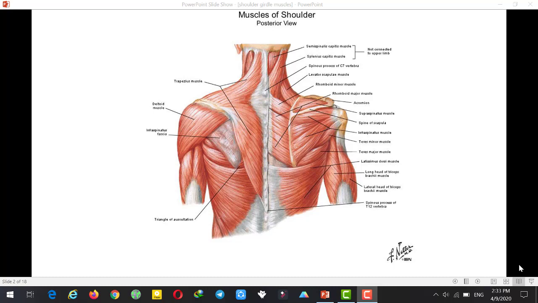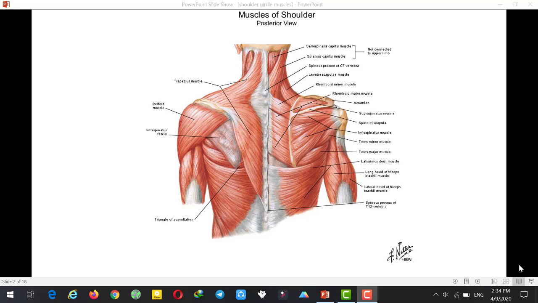Fascia is divided into two layers. First, superficial fascia that contains fat and superficial vessels and superficial nerves or sensory nerves. And the other is deep fascia. The fascia has two duties. One, cover the muscles.